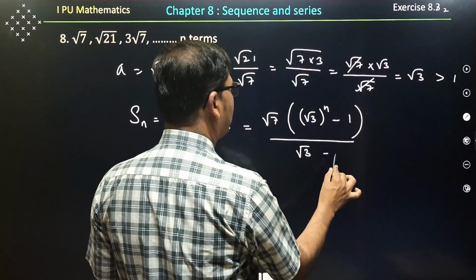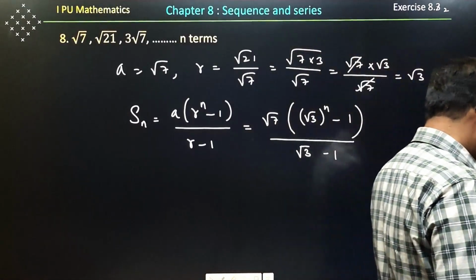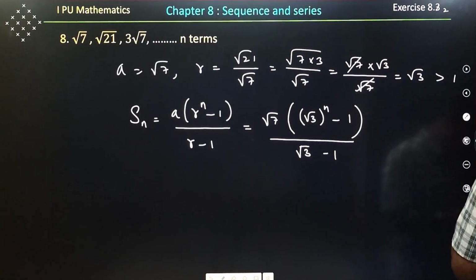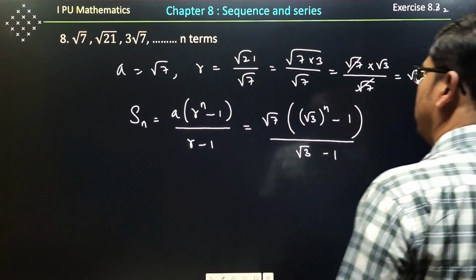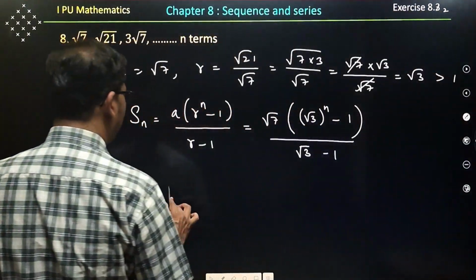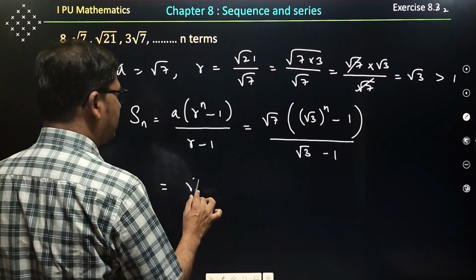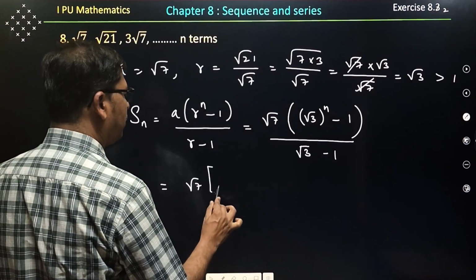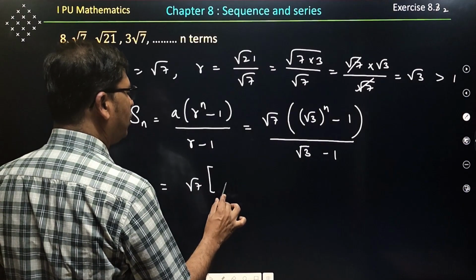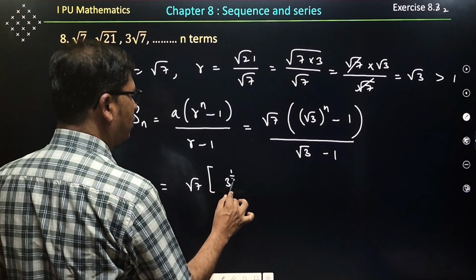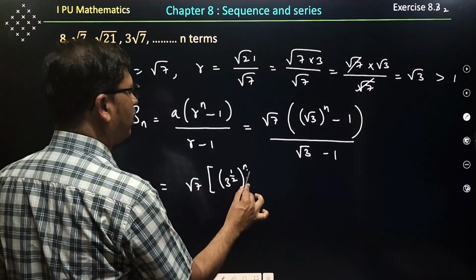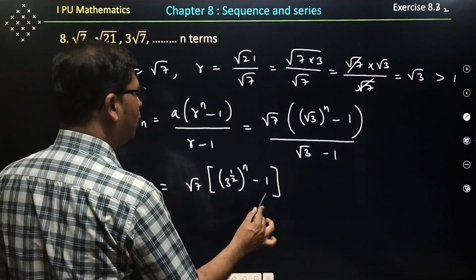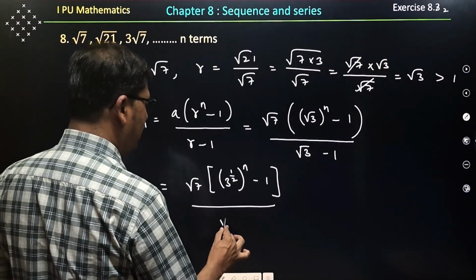So I have substituted the values here, and further you need to simplify this. Root 7 write as it is, and within the bracket you write better 3 to the power 1 by 2. Root 3 means 3 to the power 1 by 2, which is raised to the power n, minus 1 whole divided by root 3 minus 1.